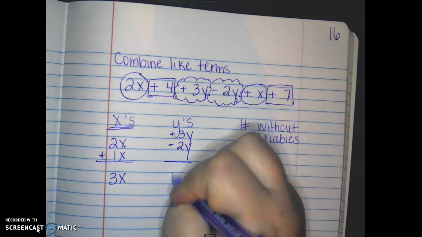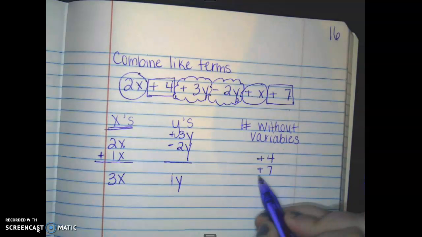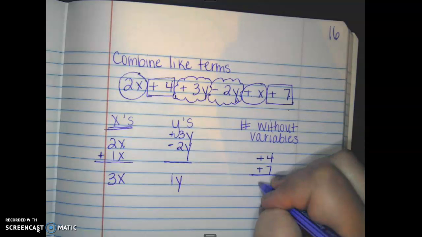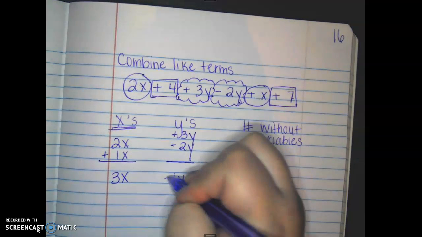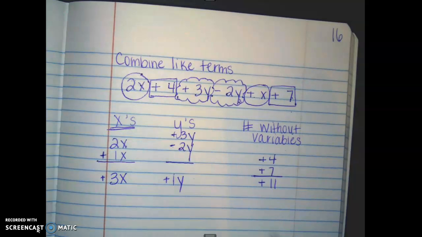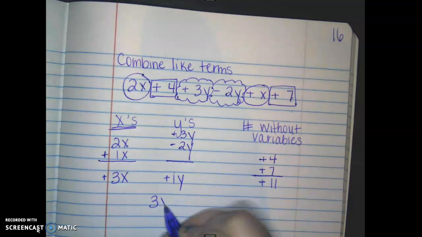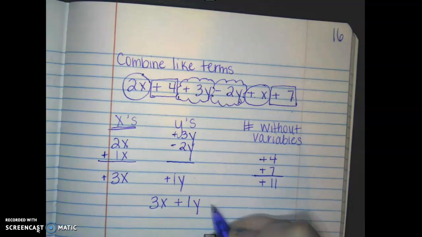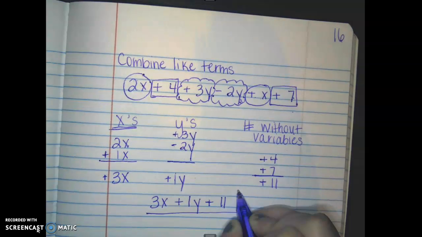But I'm going to write that 1 lightly because, just like before, normally it's imaginary. And then I have positive 4 plus 7, so positive 11. So if I'm going to combine those like terms, I'm going to have positive 3x plus 1y plus 11. And that is combining the like terms.